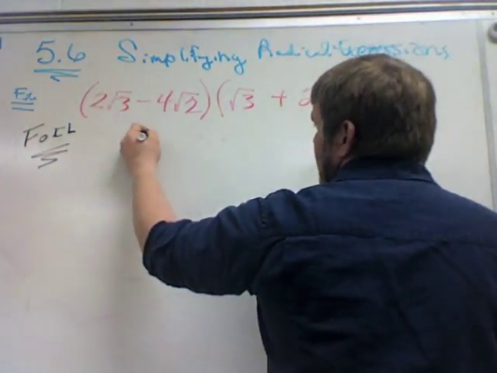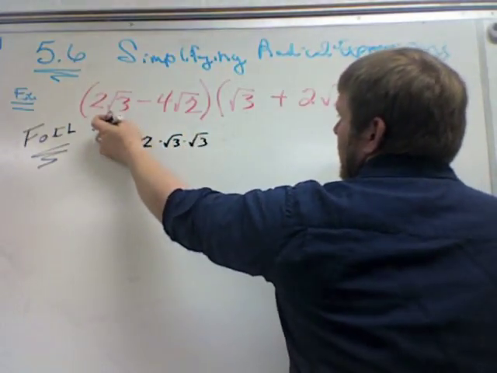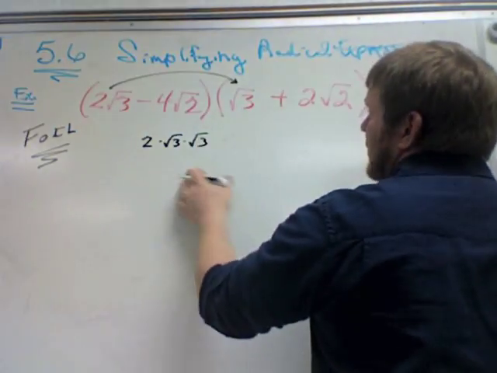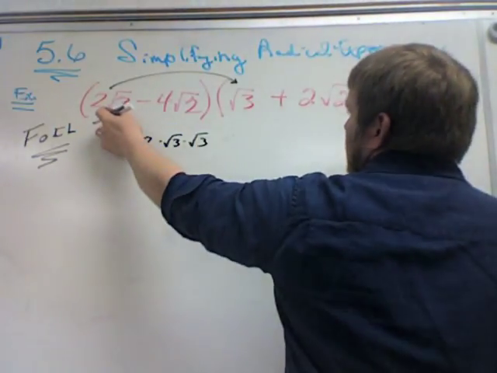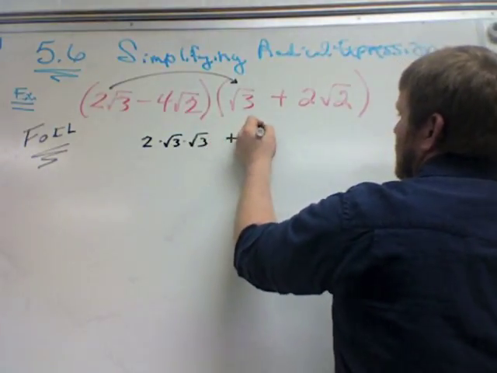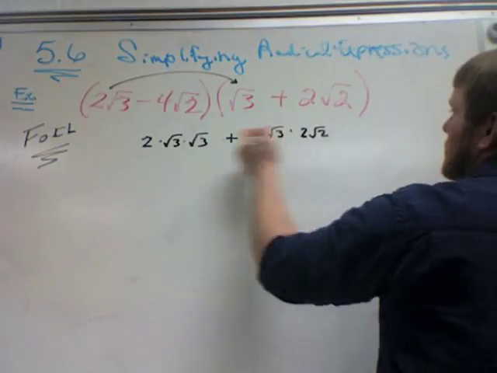So FOIL, first term's 2 times the square root of 3 times the square root of 3. That's this times this. Outside terms is 2 square roots of 3 times, since plus, 2 square roots of 2.